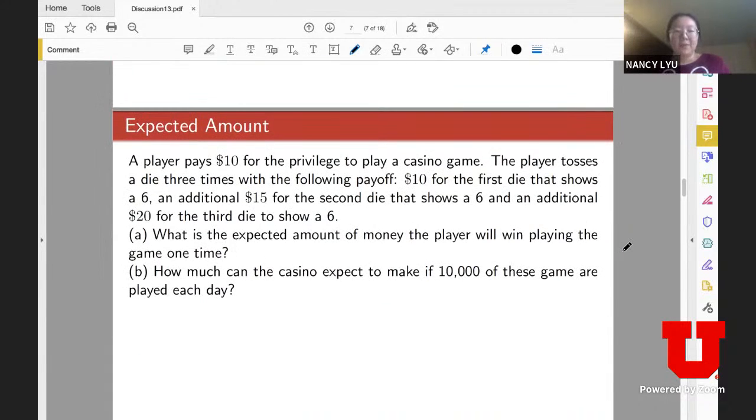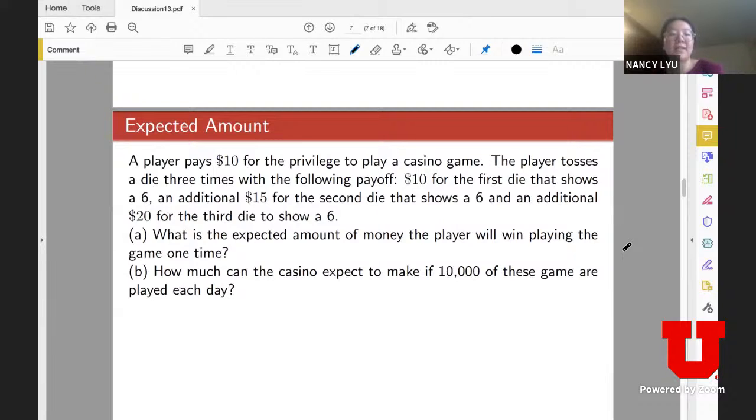All right, so let's move on to another expected amount. So we need to find the expected value. We have a player who pays $10 for the privilege to play a casino game.